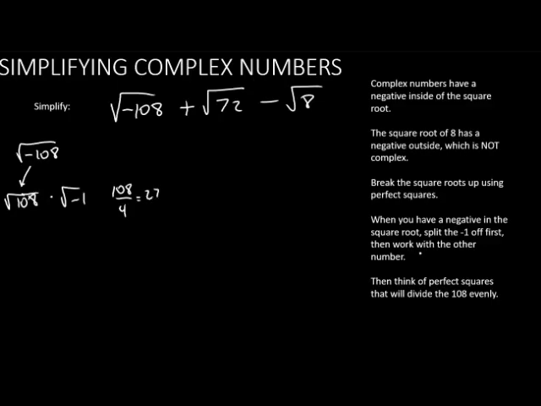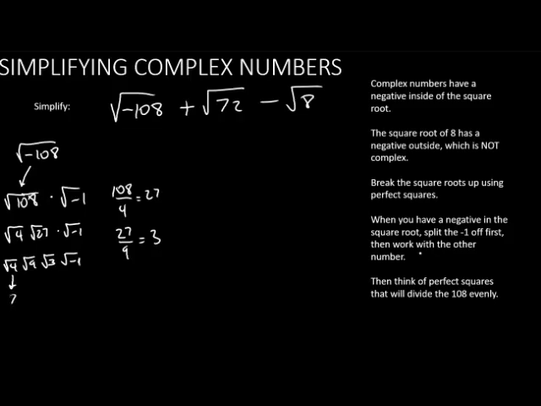So we can rewrite the 108 as square root 4, square root 27, and now also square root negative 1. However, that 27 is divisible by another perfect square, 9. 27 divided by 9 will give us 3. So now we have square root 4, square root 9, square root 3, square root negative 1.